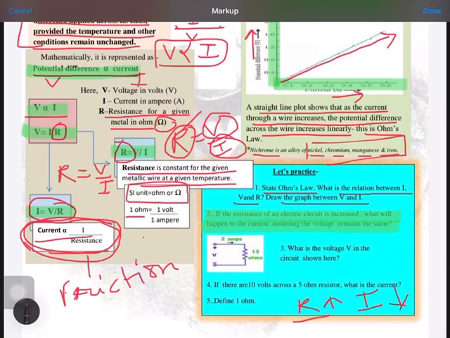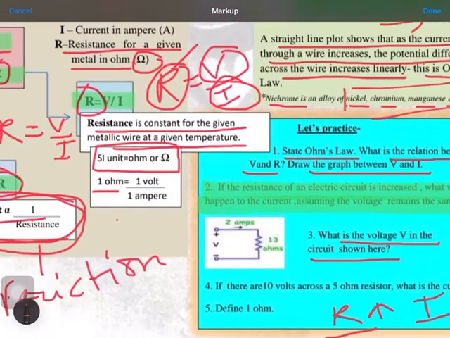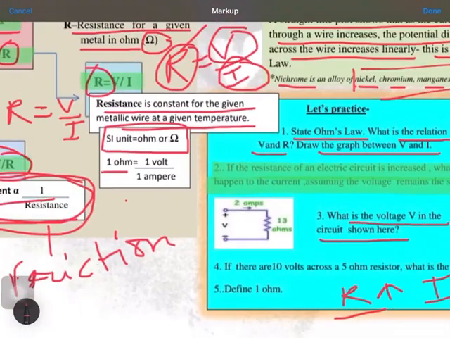What is the voltage V in the circuit shown below? You have to see this. You have been given the I value and the R value. So I is 2 ampere and R is 13 ohms.